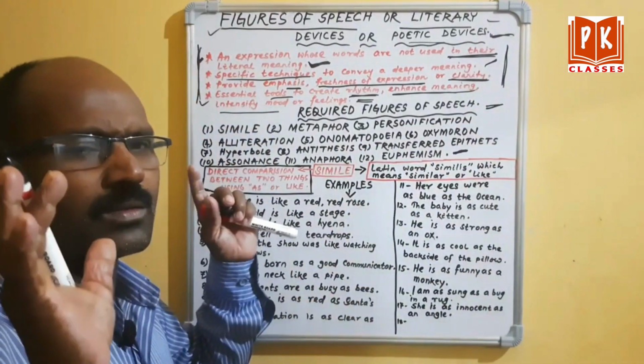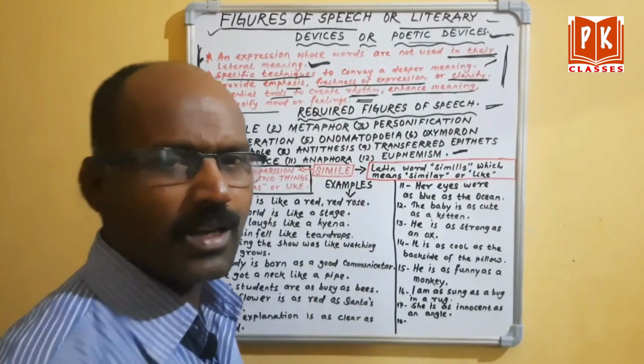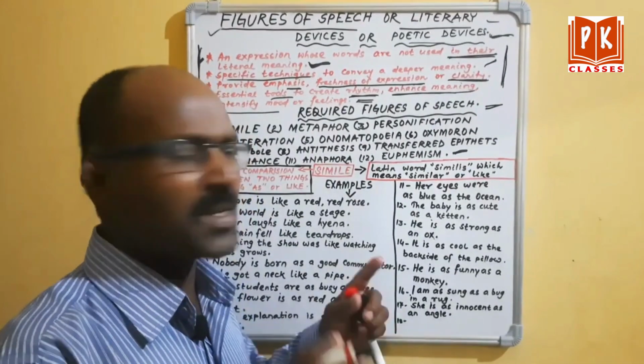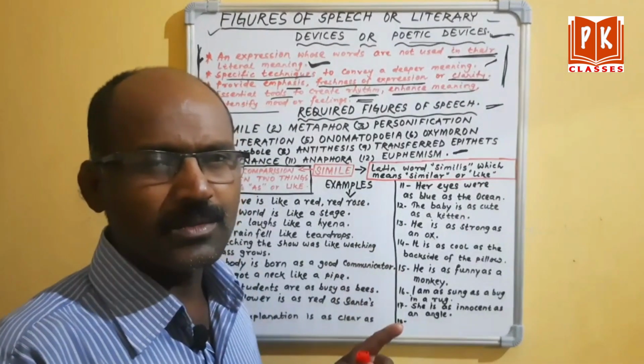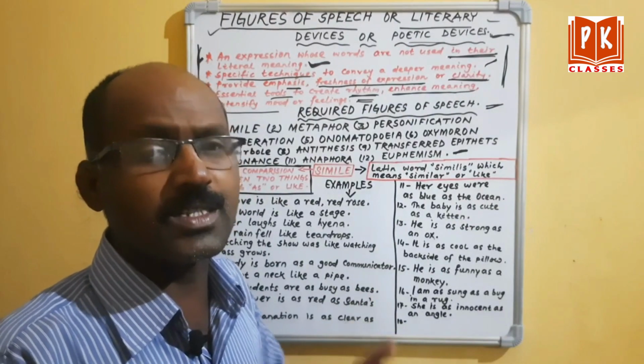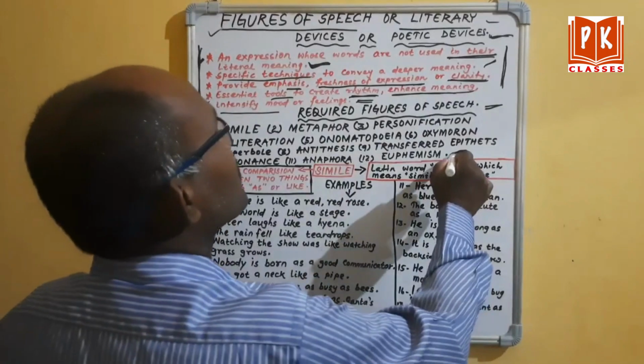There are many more. When you go to a graduation course and take English honors, you will read many more figures of speech. But being a student from standard 6 to 12, these basic figures of speech are required.